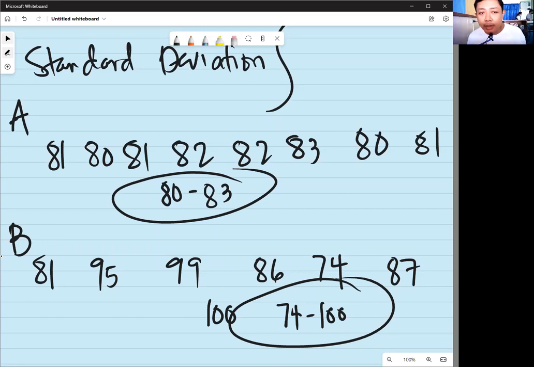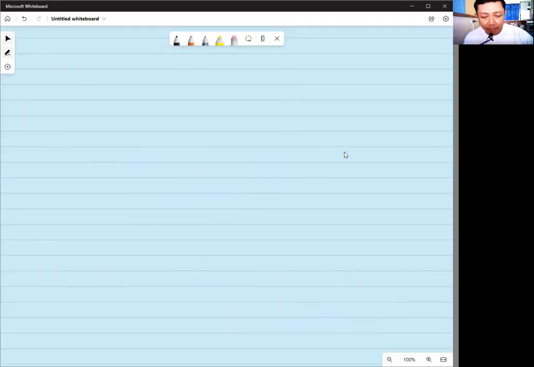So this is the reason why we need to learn standard deviation, because this will tell us about the composition of the data that we have. Now, if we go back to these concepts, let's imagine that these will be your grades for the 4th quarter.